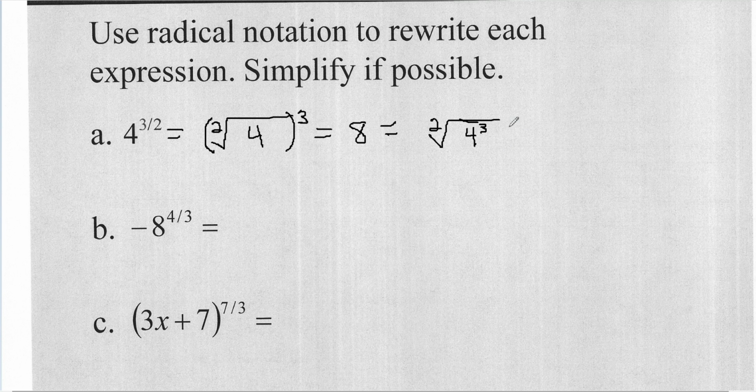So if I did it this way, I could calculate what's 4 to the third power, and that would be the same as the square root of 64, and I still get 8.